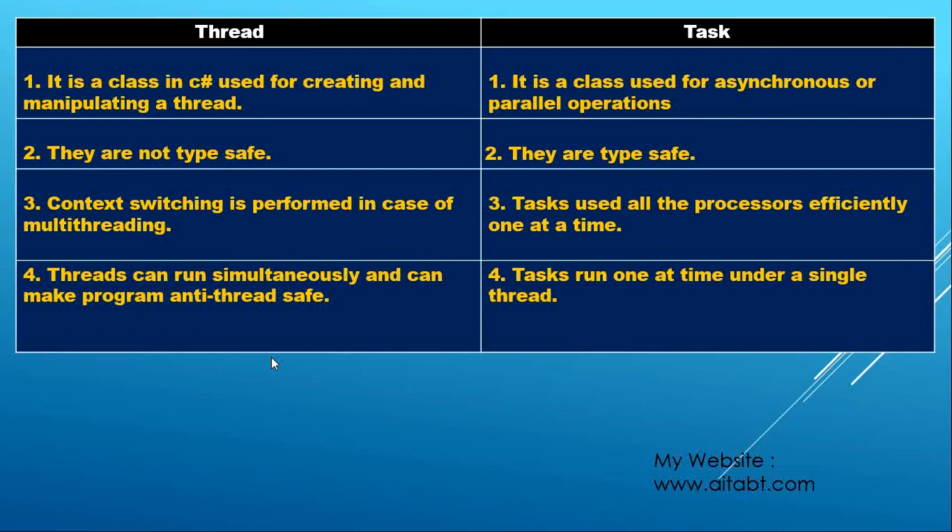So that is why we have to use lock and monitor to make our application thread safe, but we have to do that explicitly, whereas tasks are implicitly thread safe, because a task runs one at a time under a single thread.